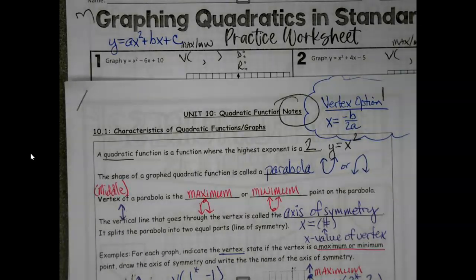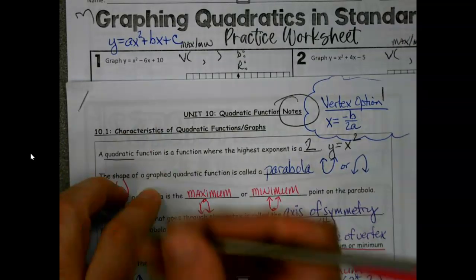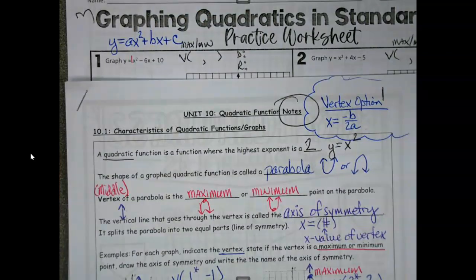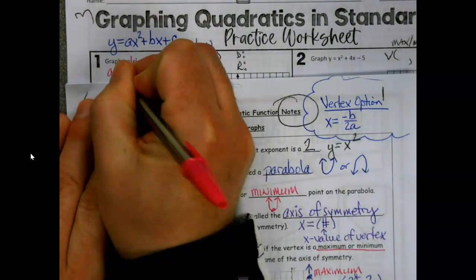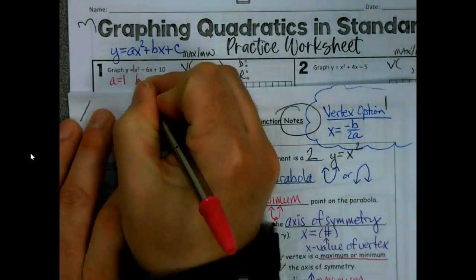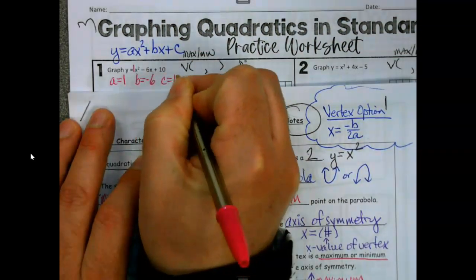So if you wanted to find your vertex, or at least the x value of it this way, here's how this would work. Well, I think it is too, but sometimes it's good to have an alternate option just in case. So here, my a would be 1. My b would be negative 6.